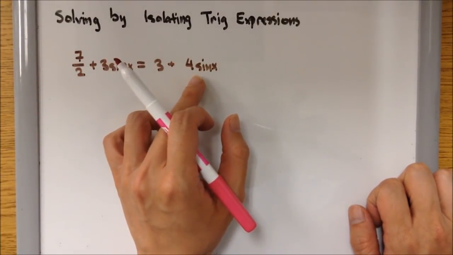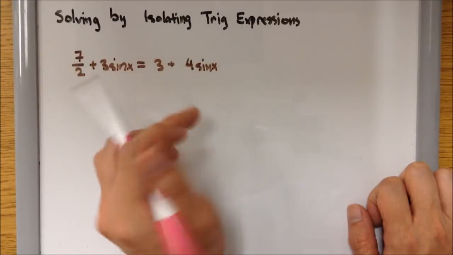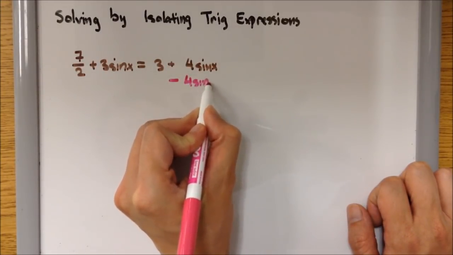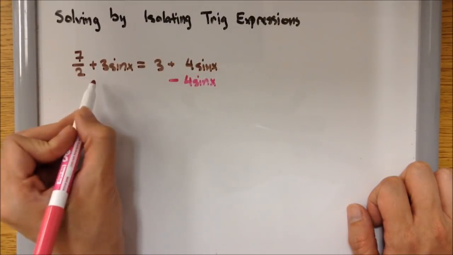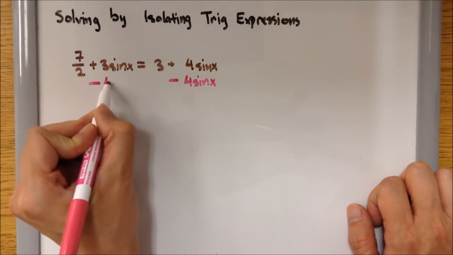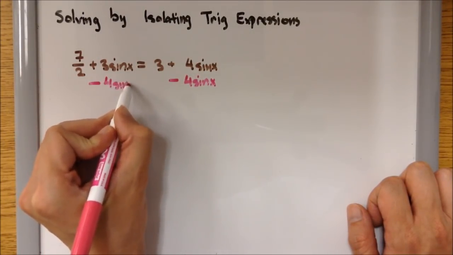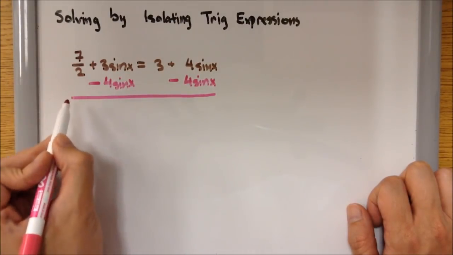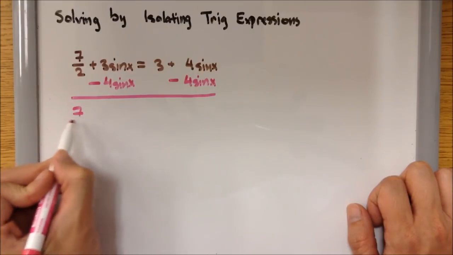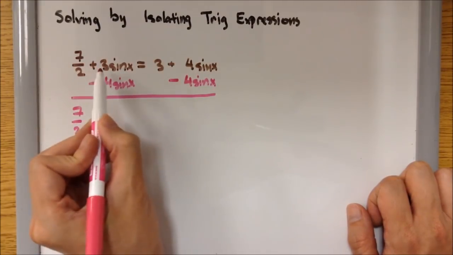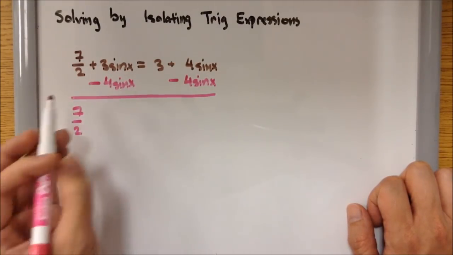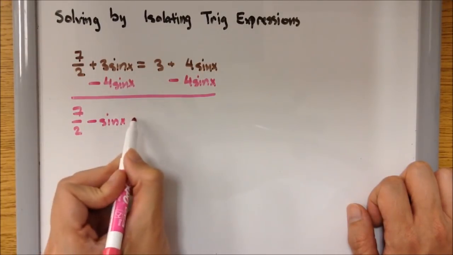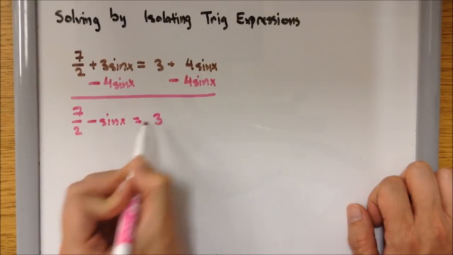So I want to get rid of 4 sine x from the right side, so I'm going to subtract 4 sine x. So typically how we would solve a normal equation, on the left side I'm still going to have 7/2. 3 sine x minus 4 sine x, that will be negative sine x, equal to 3.